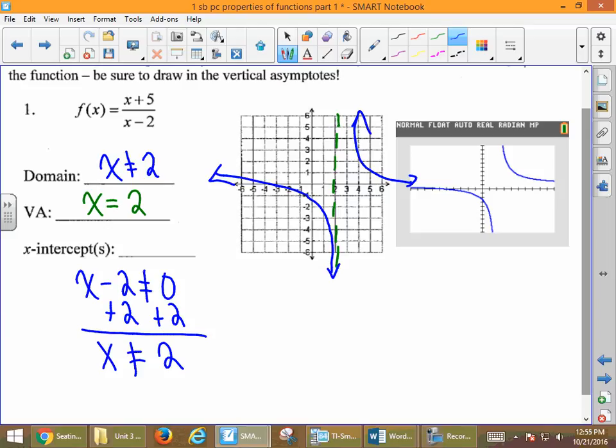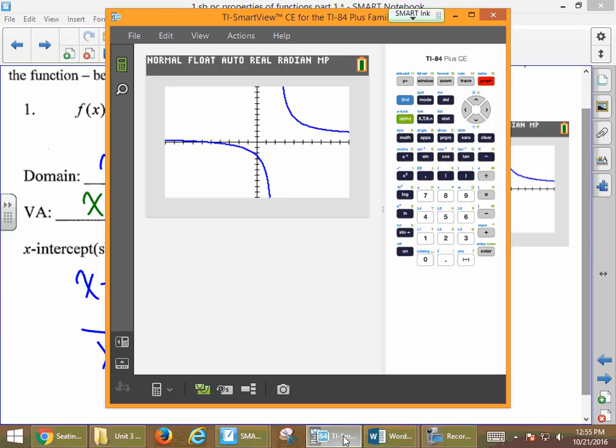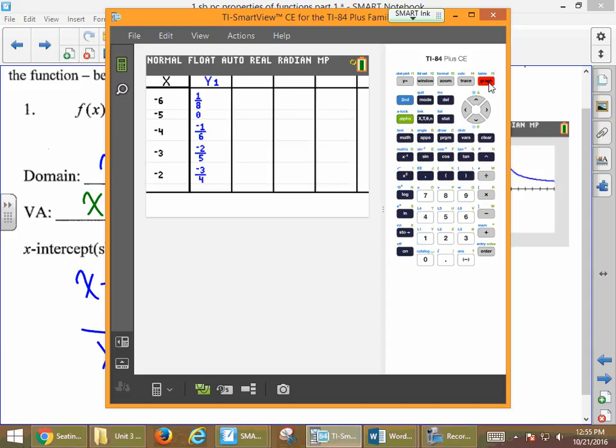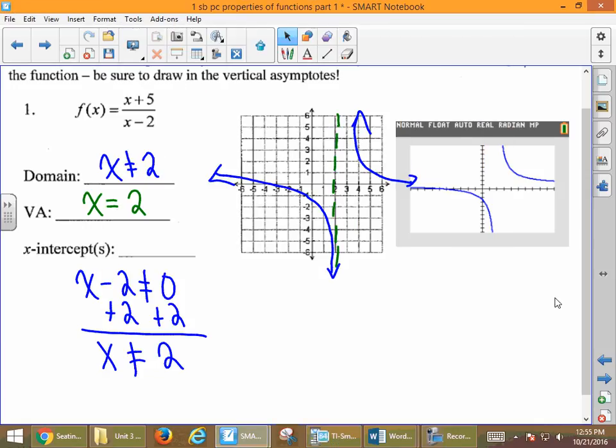But we need one more piece of information. And what that is, we need to find the x-intercept. If we go back to our calculator and go to our table function by second in table, and we scroll through our screen a little bit, I actually didn't have to scroll very much. An x-intercept always has a y value of 0, and there is our x-intercept, negative 5, 0.